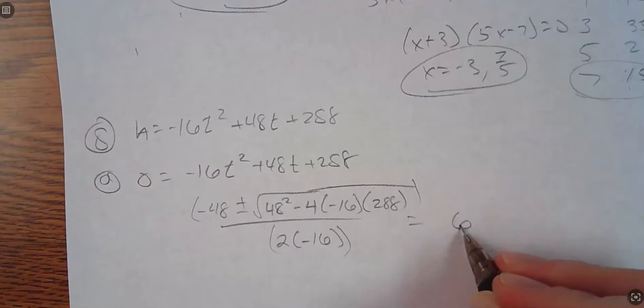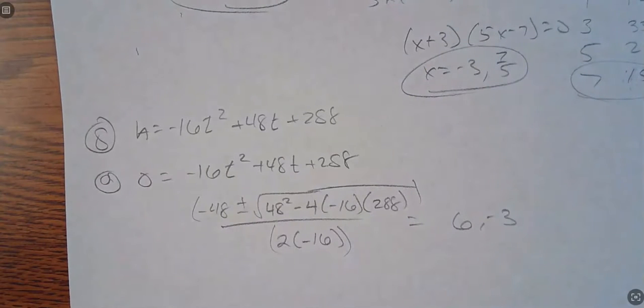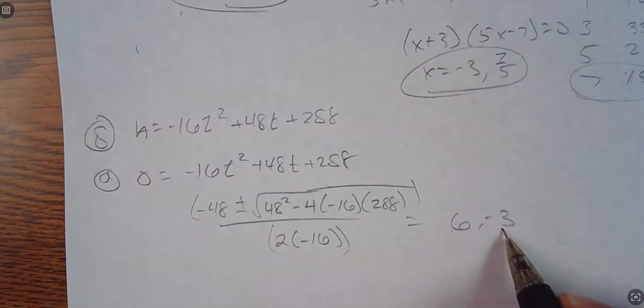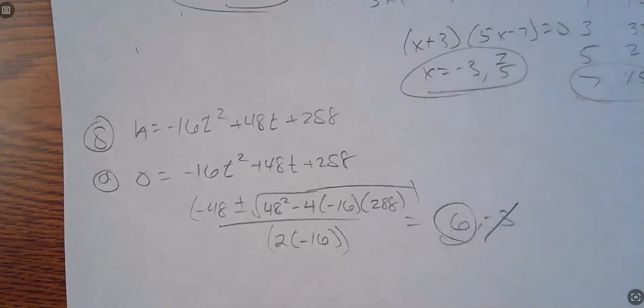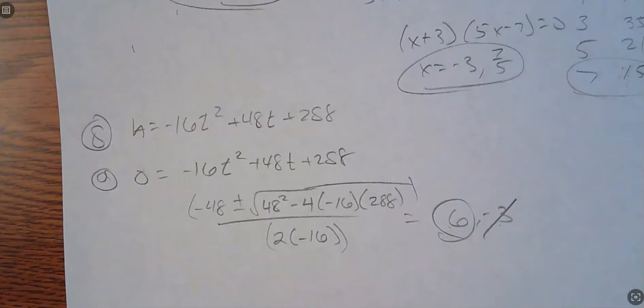My answers were 6 and -3. If you need a second to do yours, you can type it in later so you don't fall behind. But 6 seconds or -3 seconds, well, it's 6 seconds because it can't go -3 seconds.